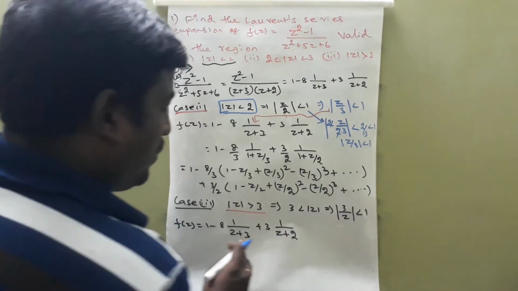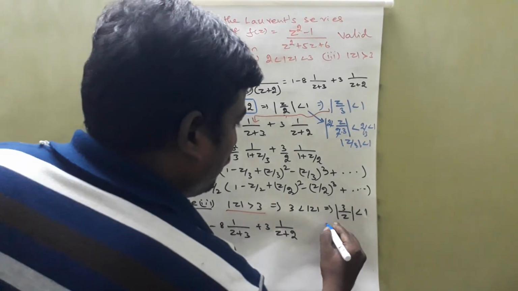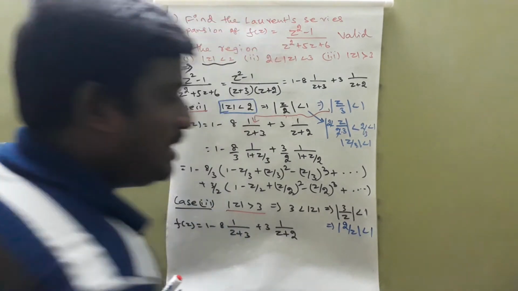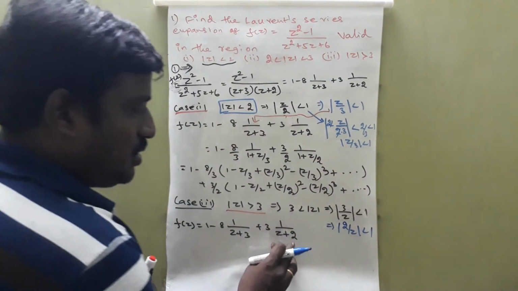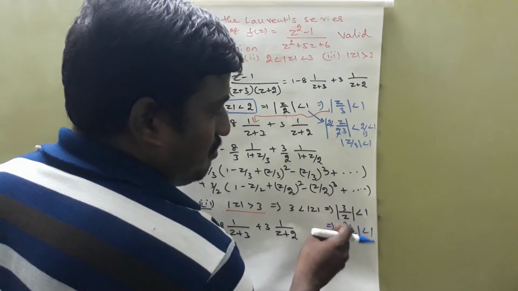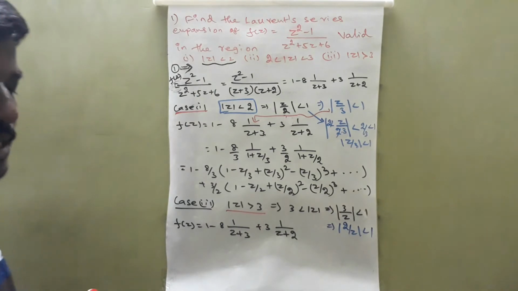For the second term 1 by z plus 2, I need the condition 2 by z less than 1, because here I have z and 2, the same structure, number over z. So I need the condition modulus of 2 by z less than 1.